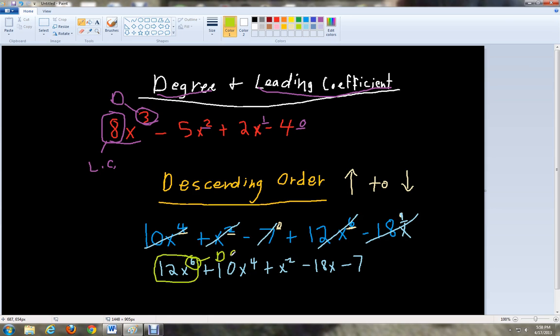So our degree is 6. And the leading coefficient belongs to the highest degree term, which is first. Very convenient, right? So the leading coefficient is 12. So that's why mathematicians like to write polynomials in descending order, so that they know the first term has the degree of the polynomial and the leading coefficient.